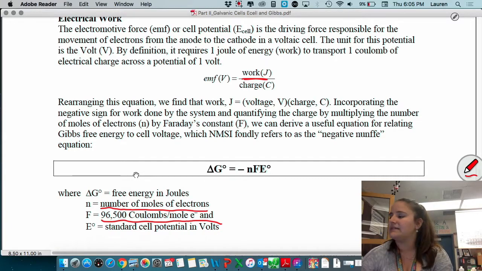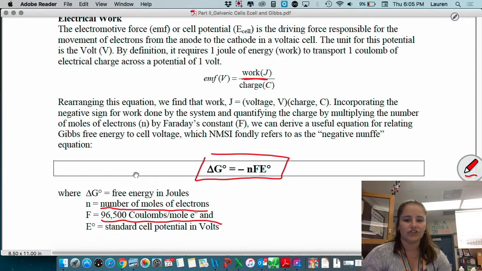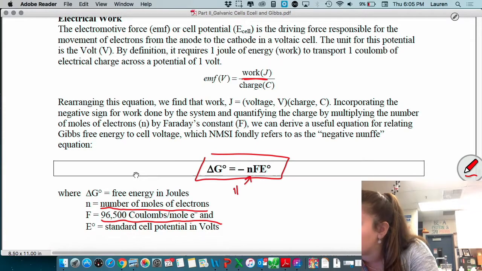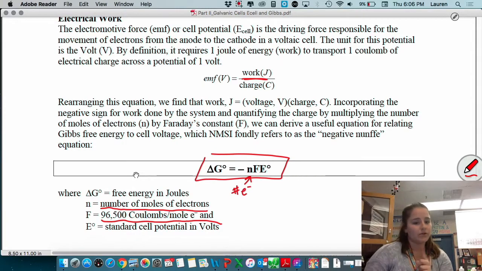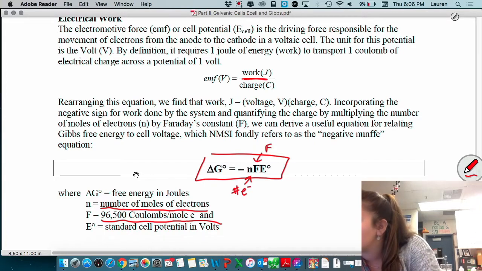That is the negative nFE equation. Another delta G equation that's going to pop up over and over: delta G equals negative n, aka the number of electrons. Remember, I told you earlier that was going to be important. F, which is Faraday's constant.